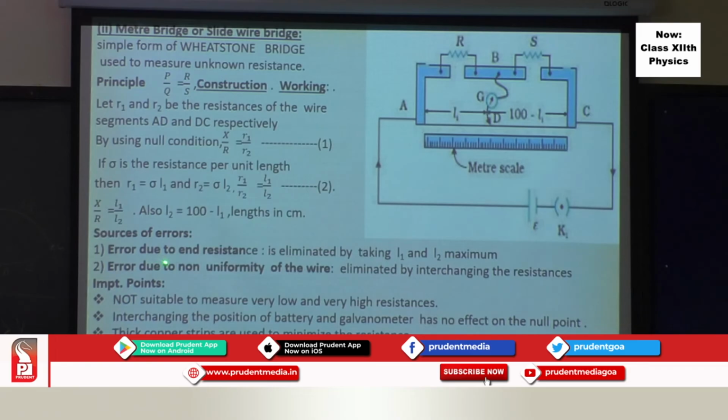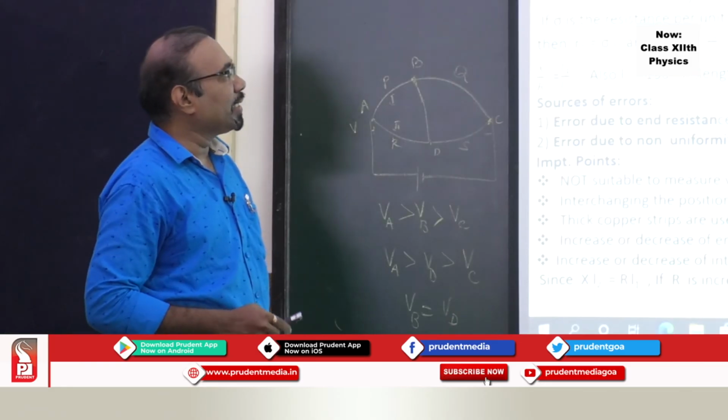Because of that, there is a resistance which is called end resistance. And this wire may not be uniform. In that case, that error also arises because in this formula we are treating sigma, the resistance per unit length, as uniform, and the wire as of uniform cross section. If it is not uniform, there might be an error. That error you eliminate by interchanging the resistances.